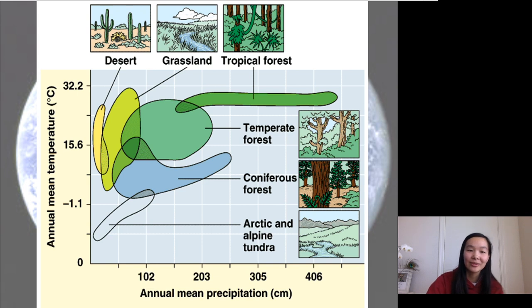Whereas the desert, which is like the yellow banana slug looking thing on the left of the graph, doesn't really get much precipitation, a pretty constant low amount, but it varies in temperature throughout the year. And so you see that there is some overlap, but you can get a better idea of the distinctions and boundaries between the different biomes through a graph like this.